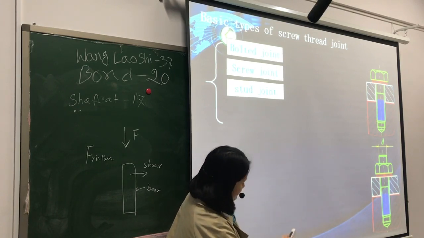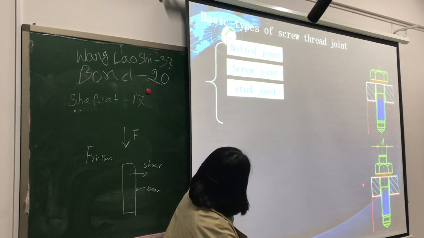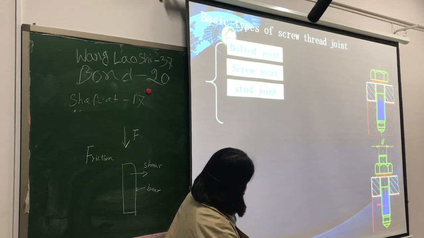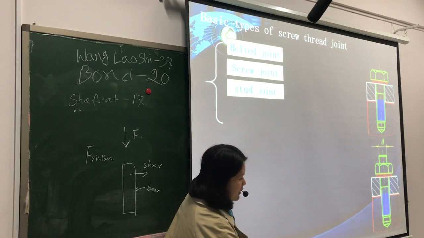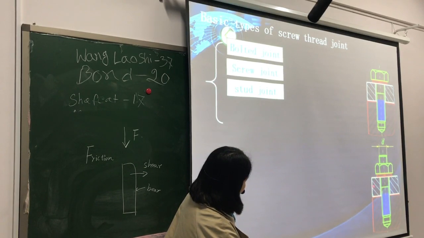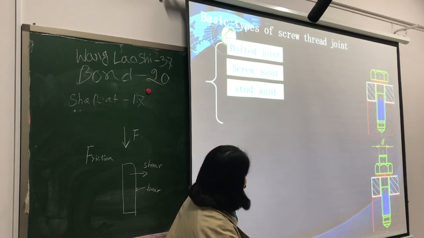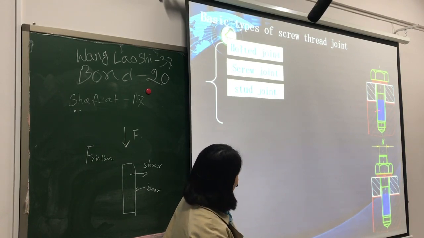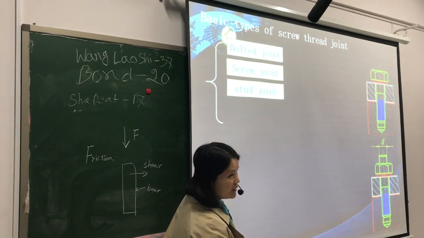And the stud joint is where the bolt is joined to the member permanently, and the mating member can be removed with the nut and the washer. So this can be assembled frequently, and this is joined permanently.